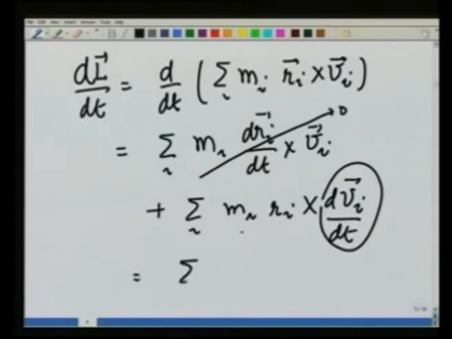So, this gives me summation over i r_i cross F_i, where F_i is the total force on the ith particle, that is the force including the external force plus the force due to other particles.